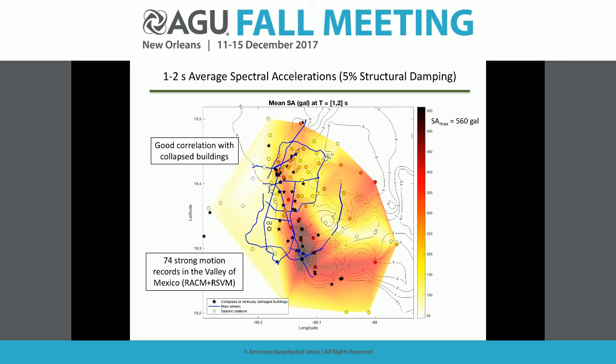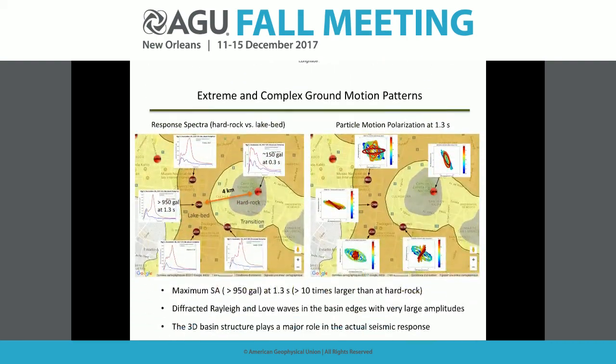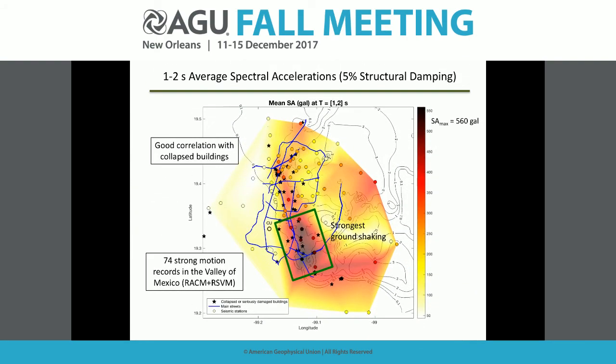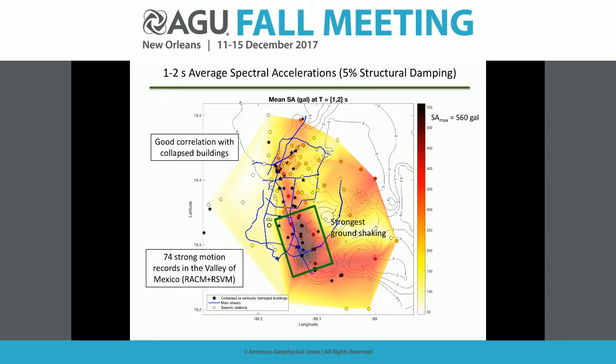There's a clear difference between the two patterns. So let's just concentrate on this specific part where the strongest motions were recorded and see in more detail how the recordings were.